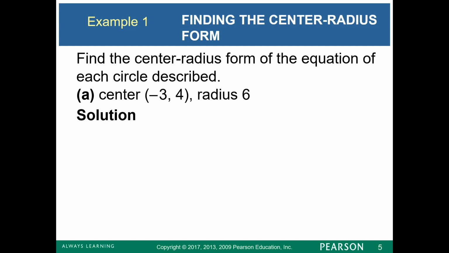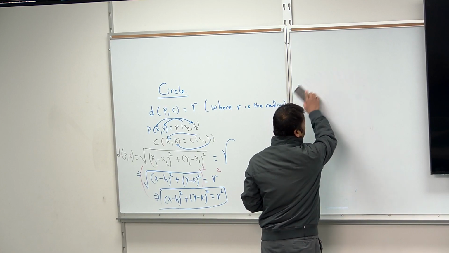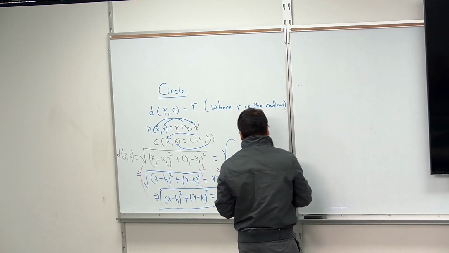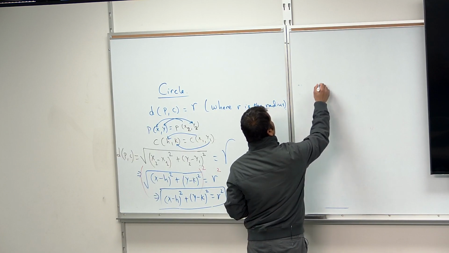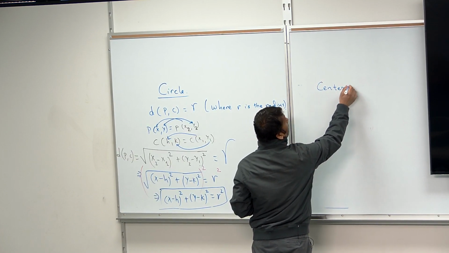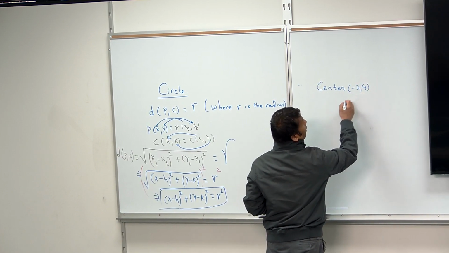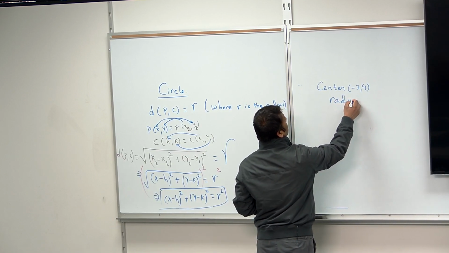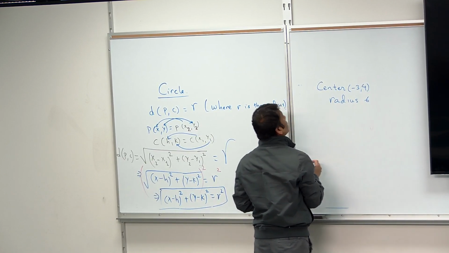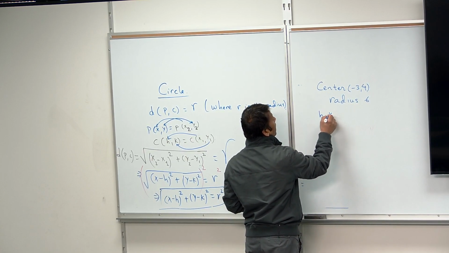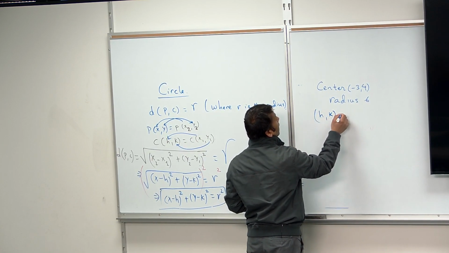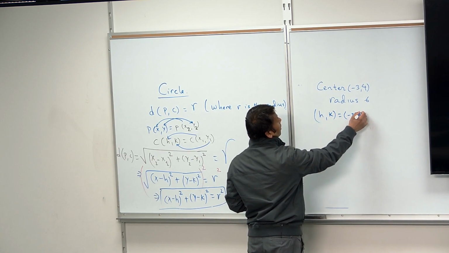So look here. You have a center (-3, 4), radius 6. The center is denoted by (h, k), so (h, k) is (-3, 4).